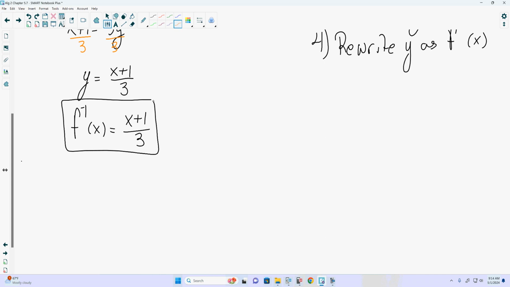So if our original function was g of x, our final statement would not be rewrite y as f inverse of x. It would be rewrite y as g inverse of x. So if we start with f, our last one's going to be f inverse. If we start with g, the final one's going to be g inverse. I mean h inverse. They go together.